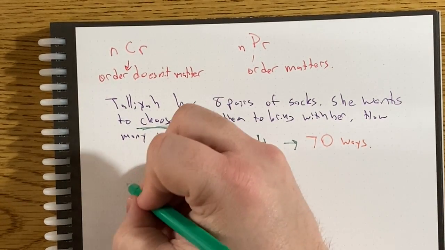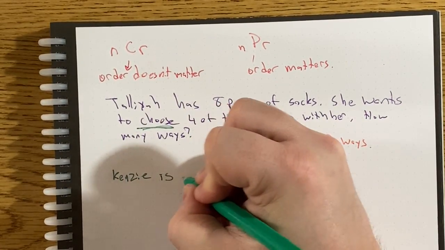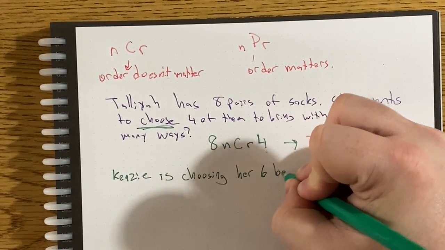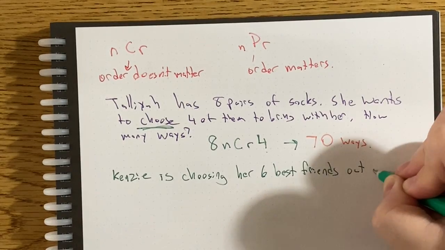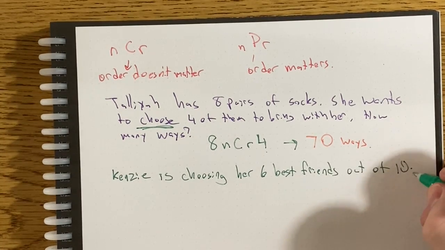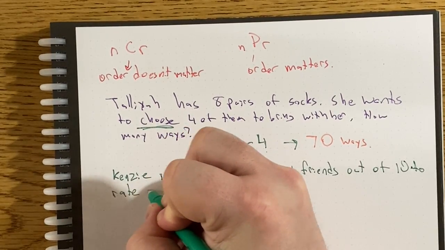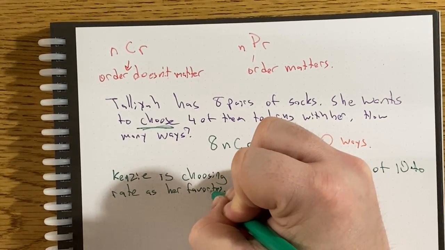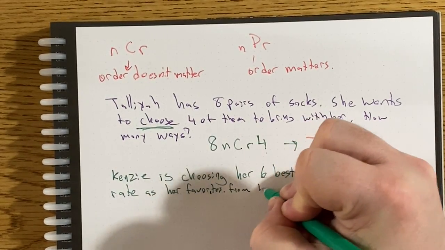So if I said something like, Kenzie is choosing her 6 best friends out of 10 to rate as her favorites, from 1 to 6.